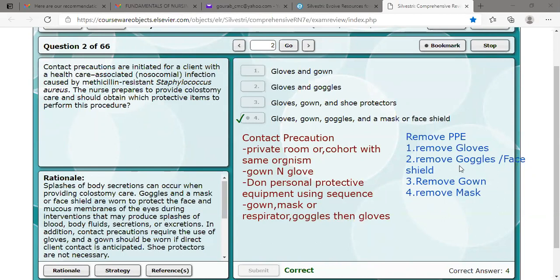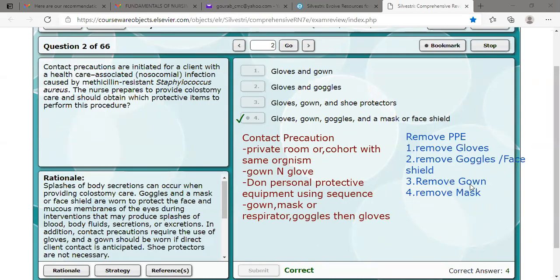When the time comes to remove the personal protective equipment, we use the correct sequence during removal. We remove the gloves first, then the goggles or face shield, then the gown.